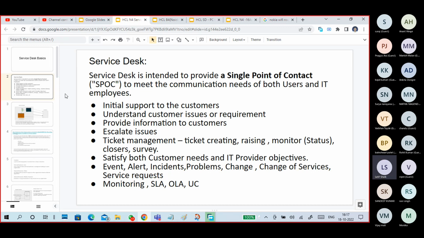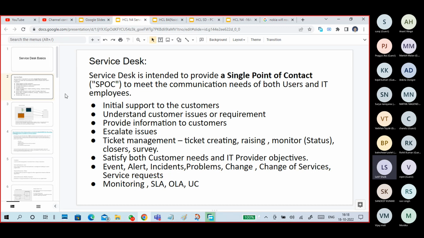You will not really get a service continuously; there is an interruption. You are not getting internet, or maybe the net is very slow. So you call the service desk, your customer care.